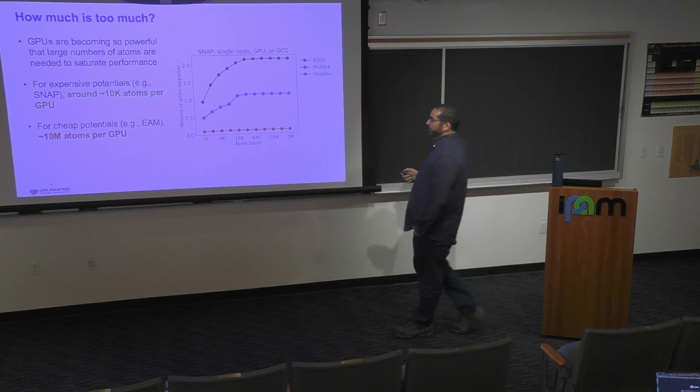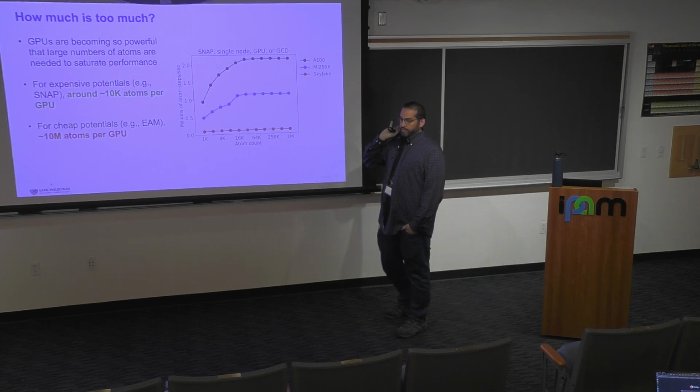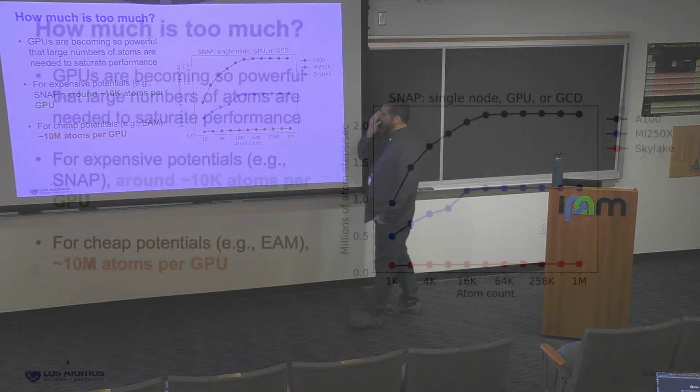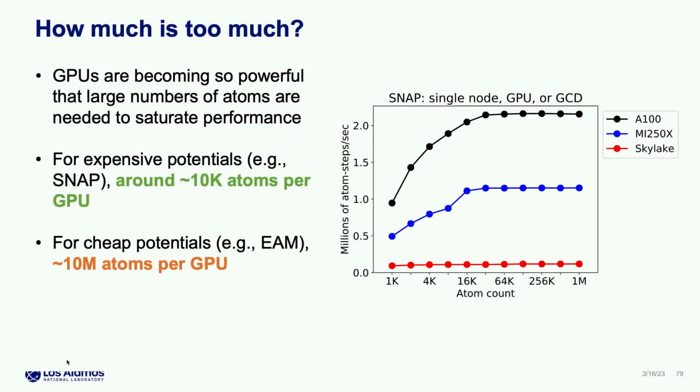They're so powerful that you need to stuff a lot of work onto one GPU if you want to saturate performance. For a SNAP potential, things look okay: to saturate a GPU, you might need 30,000 atoms or something like that, which is not an insane number. But that is a fairly expensive potential.